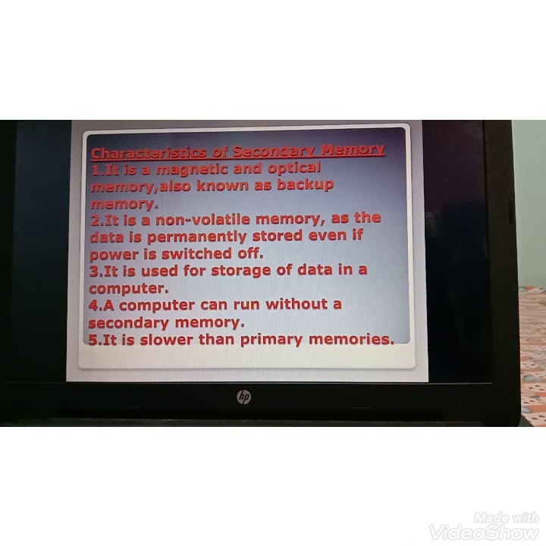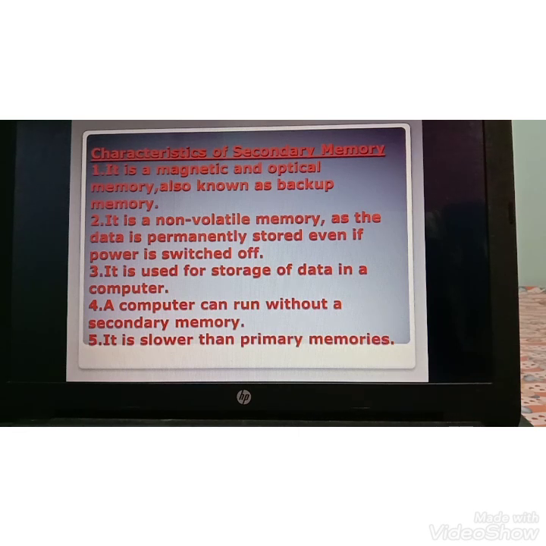Number three, it is used for storage of data in a computer. The main purpose of this memory is the storage of data. Number four, a computer can run without a secondary memory. Number five, it is slower than primary memory.